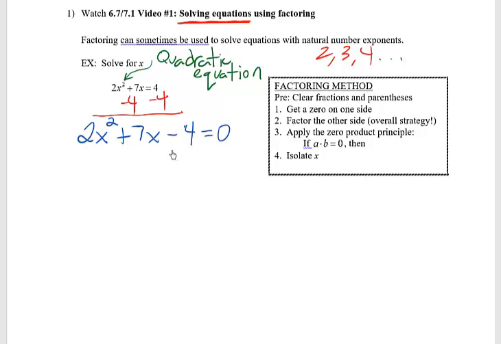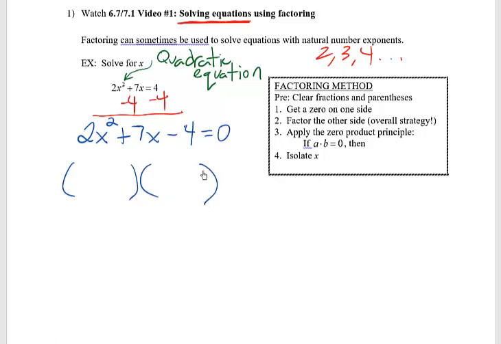We learned two methods, the reverse FOIL trial and error method or the Xbox method. You can use either one. The numbers here look pretty small, so I think I'm going to be comfortable just using the trial and error, the reverse FOIL. But if you love that Xbox method, you could pause the video and try it that way yourself.